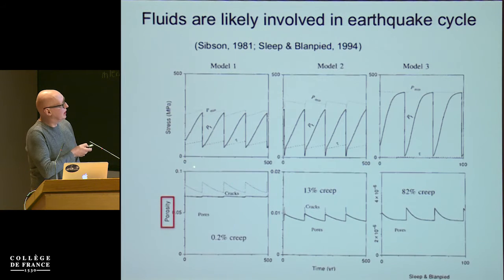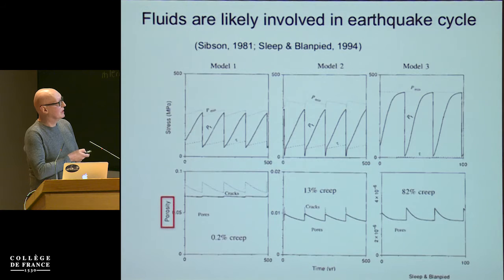Associated with this mechanical behavior, you need an evolution of the porosity of the rock. So along with the earthquake cycle, you need a porosity cycle by which you increase the porosity during the deformation, the very short deformation during the earthquake.